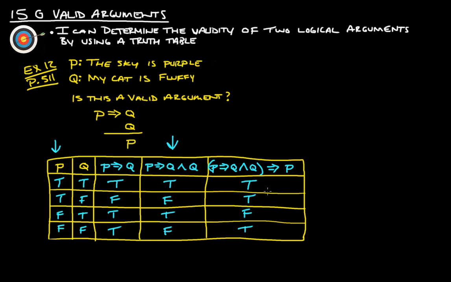The only way this would be a valid argument is if this is a tautology. Since we have this here being false, this is not a tautology. So it is not a valid argument.